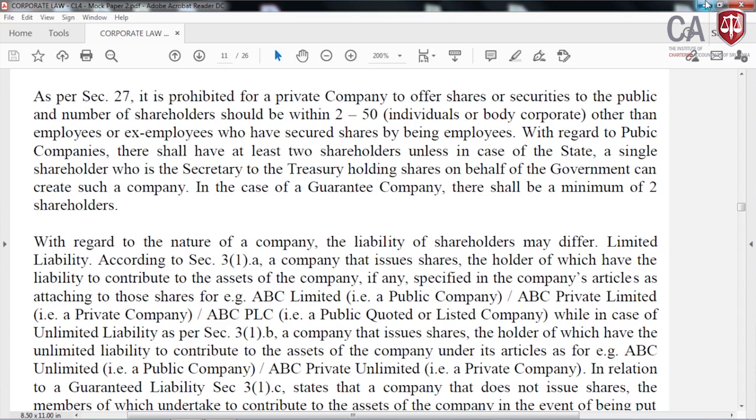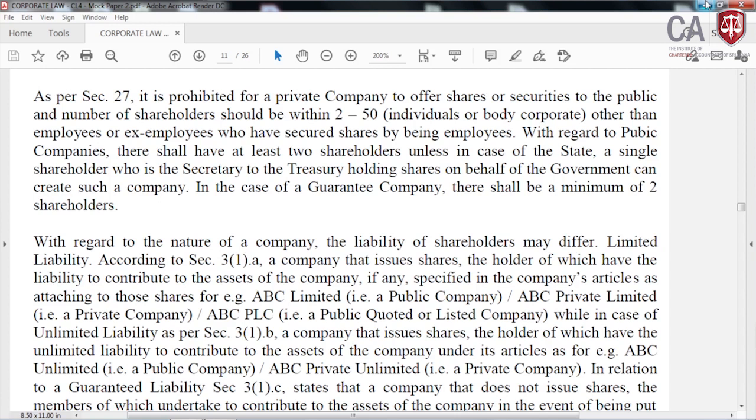In the case of a guarantee company, there shall be a minimum of 2 shareholders, and the maximum is not mentioned. So, there can be any number.